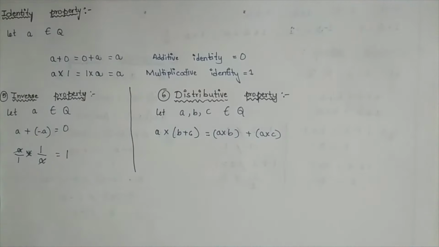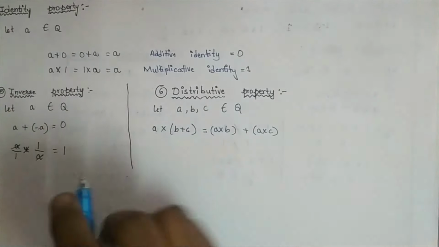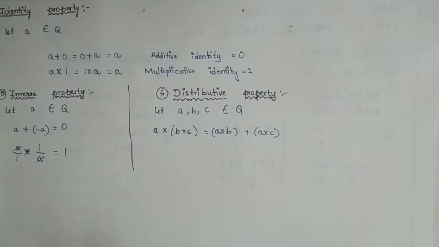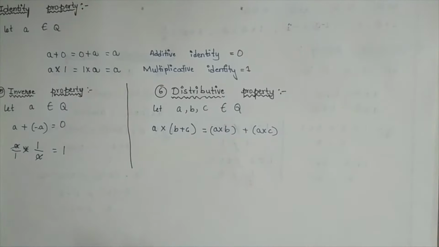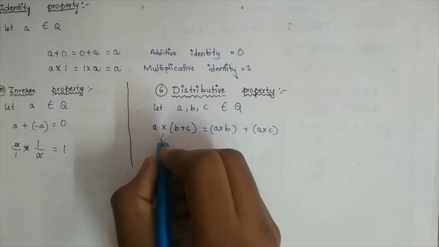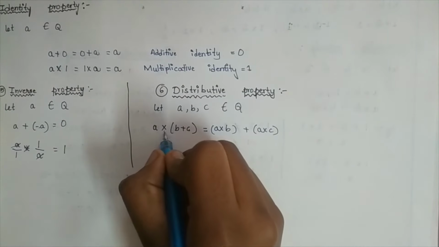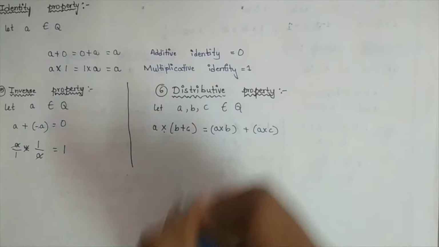This is the distributive property. So before, in the associative property, we took only one symbol, but here we have mixed two operations, multiplication operation and addition operation.